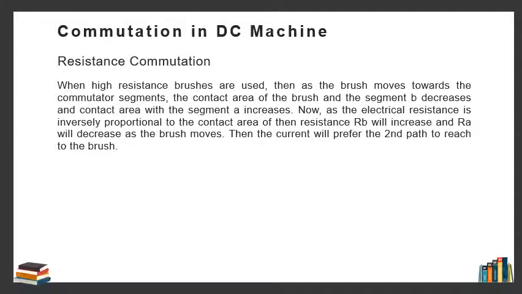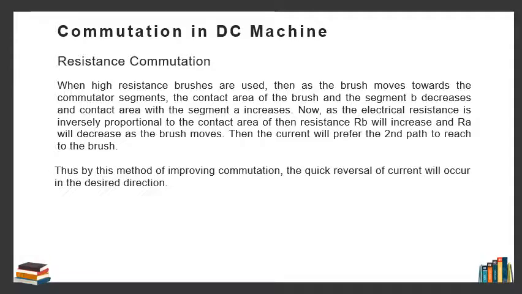Now as the electrical resistance is inversely proportional to the contact area, resistance RB will increase and resistance RA will decrease as the brush moves. Then the current will prefer the second path to reach the brush. Thus, by this method of improving commutation, the quick reversal of the current will occur in the desired direction.